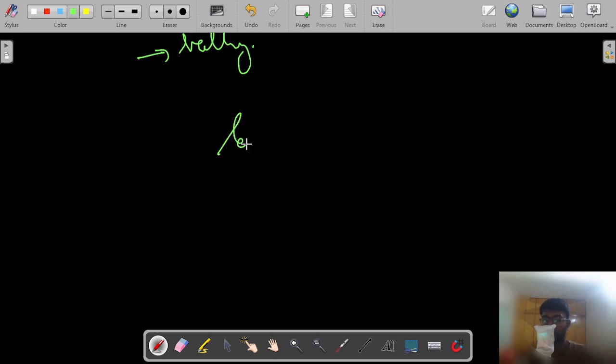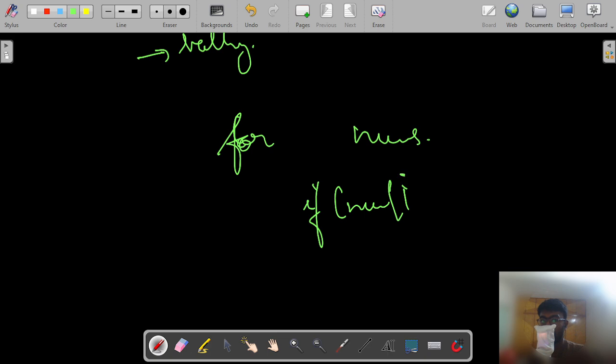we can run a for loop through the nums array, and we can check if nums of I is not equal to nums of I plus 1.